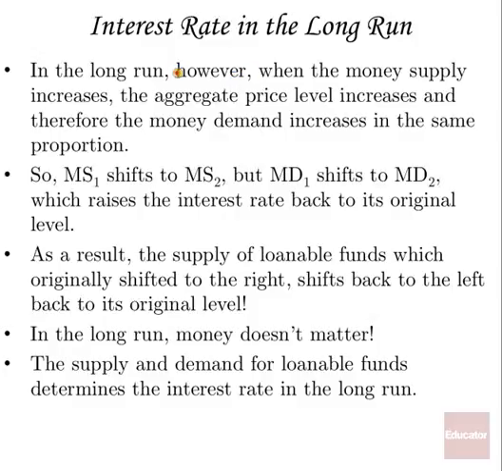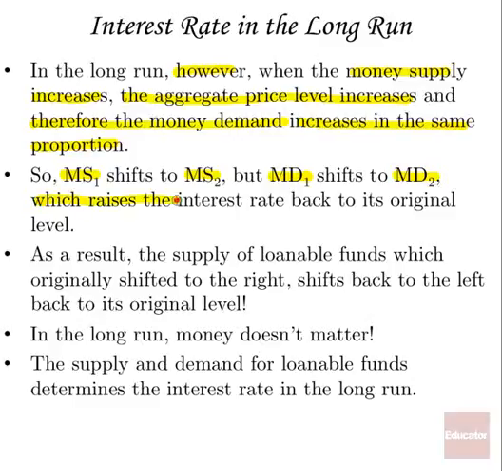So in the long run, however, when the money supply increases here, the aggregate price level also increases, and therefore the money demand increases in the same proportion here. Okay, what does that mean here? So let's use the labeling rather than using the money supply and aggregate price level here. So MS1 is going to shift to the right to MS2. The money demand, however, also shifts to the right because of the increase in GDP.